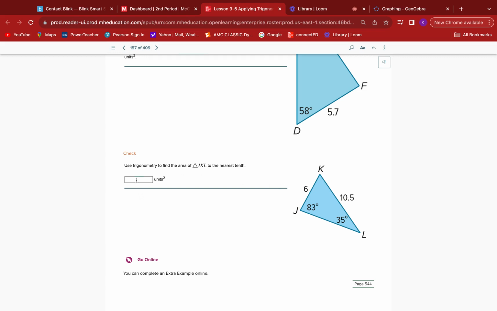And if I did it right, super fast, 27.8. I am not sure if that's right, but it should be 62 degrees. So 1/2 times 6 times 10.5 times the sine of 62 degrees. Darn, I did right. Oh, okay. They're doing announcements. I gotta go.